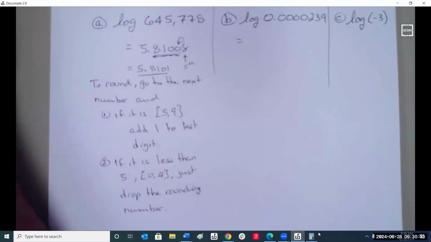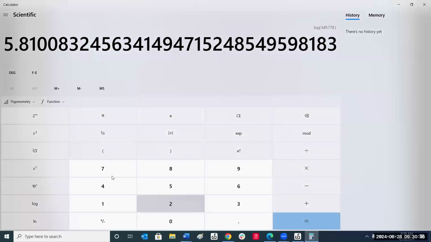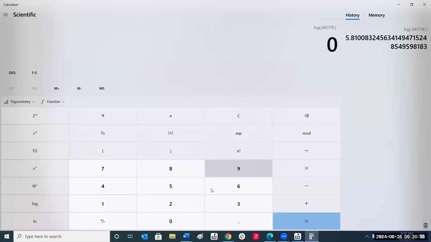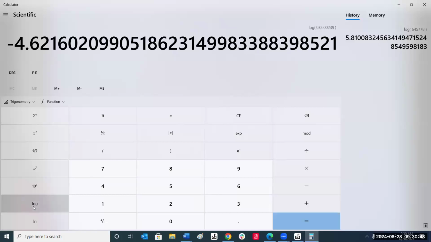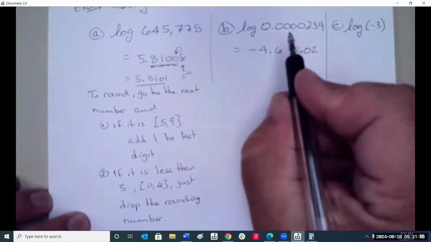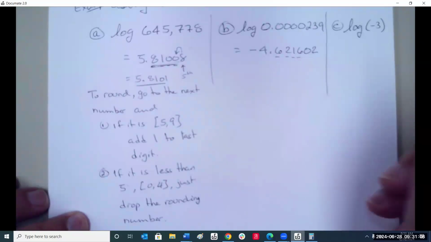All right, let's look at the next one. So we clear that out. And we go to 0.1234239. And we take the log of it. It's going to be negative 4.621602. Again, we're rounding to 4 decimal places. 1, 2, 3, 4.